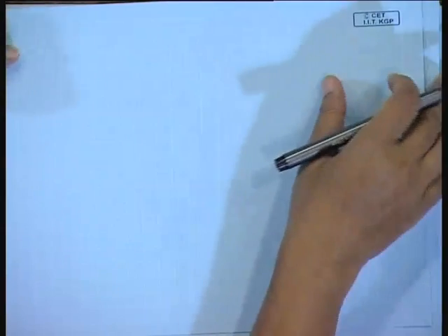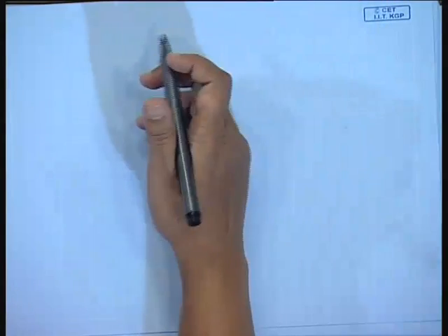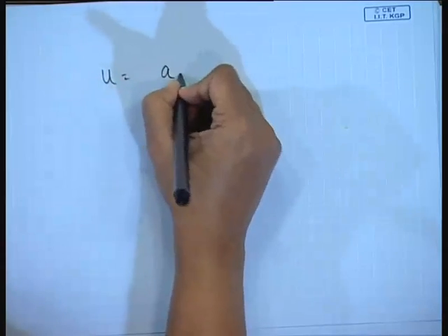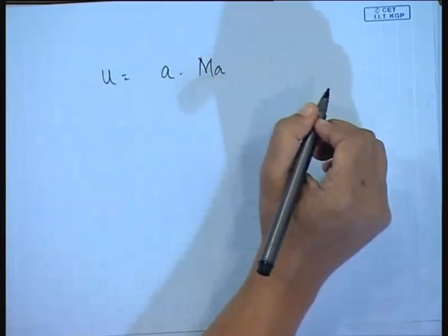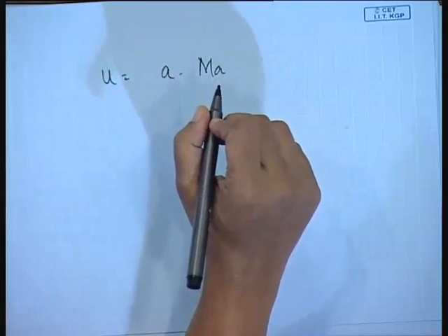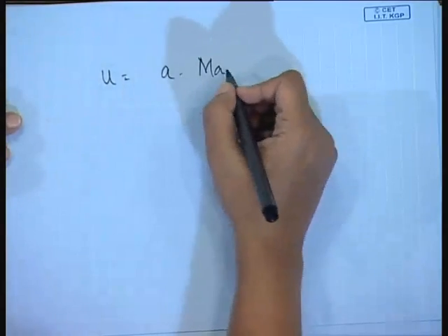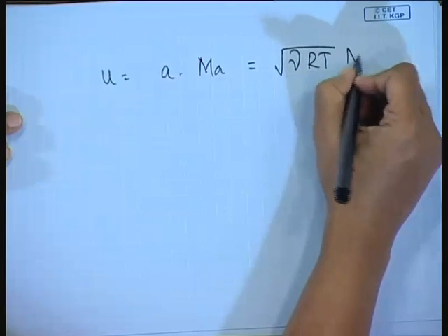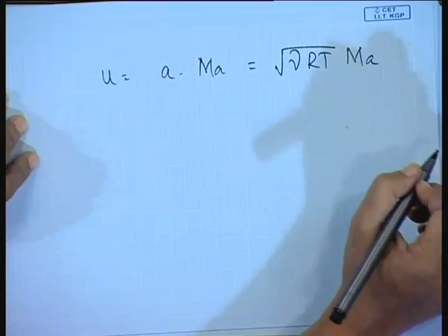So, just a little more substitution. We know u equals a into Ma. This can be written as root over gamma RT into Ma.